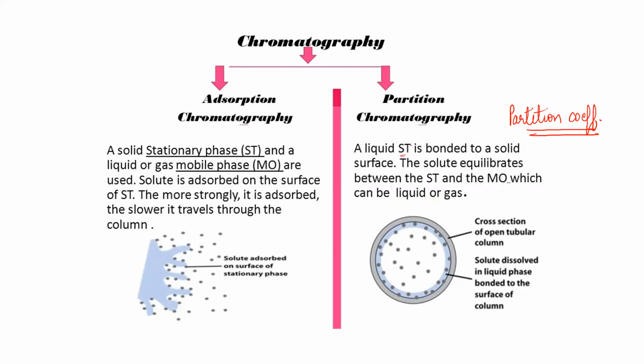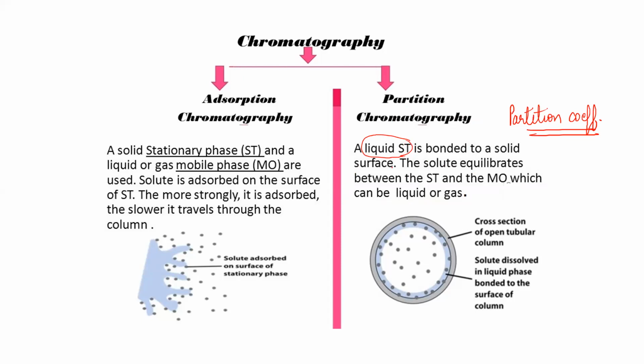In partition chromatography, your stationary phase is liquid. We saw that in paper chromatography, when you put your paper in the solvent mix, which is a mixture of solvent and water, the paper absorbs water and the water runs over the paper. Now that is your stationary phase. The water is your stationary phase.